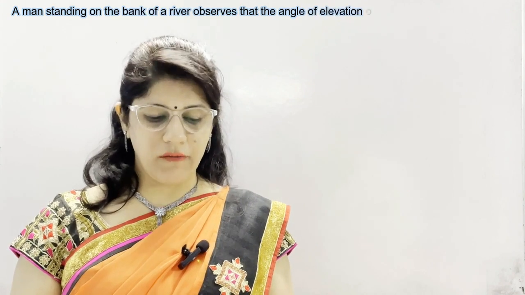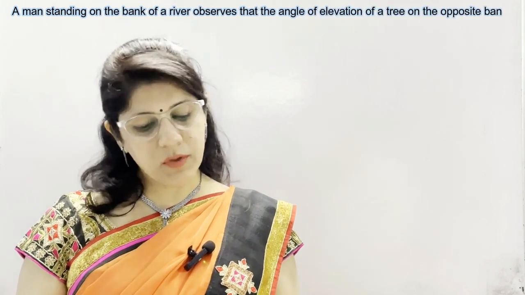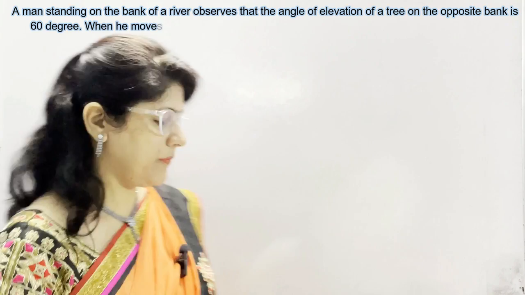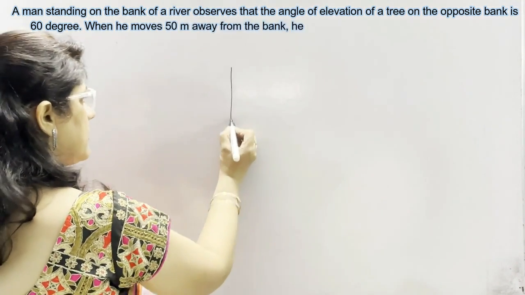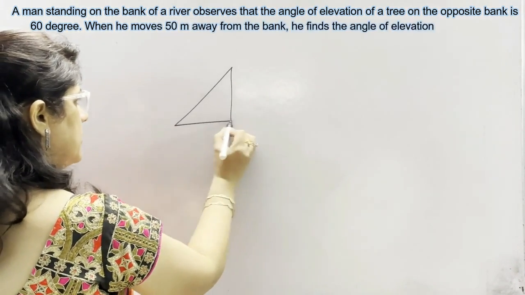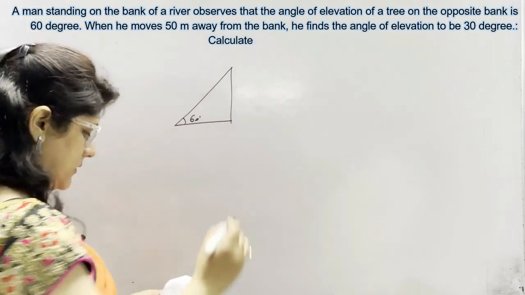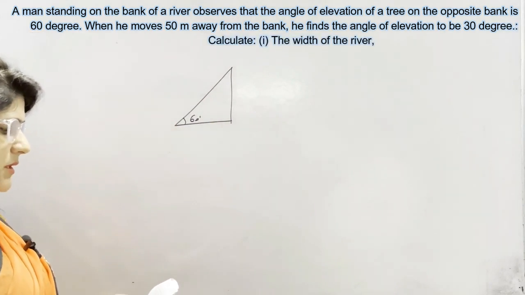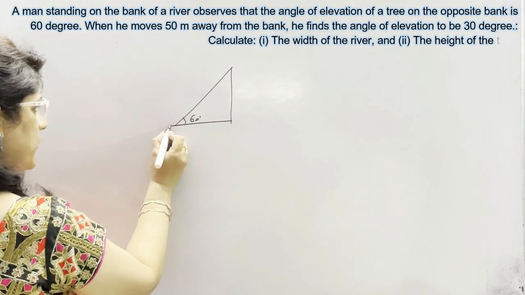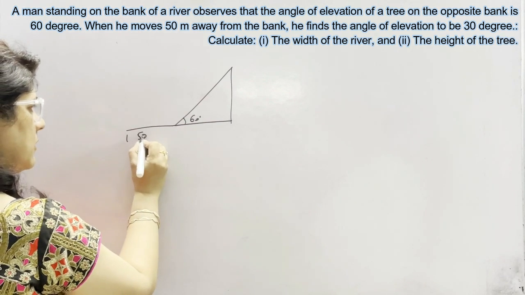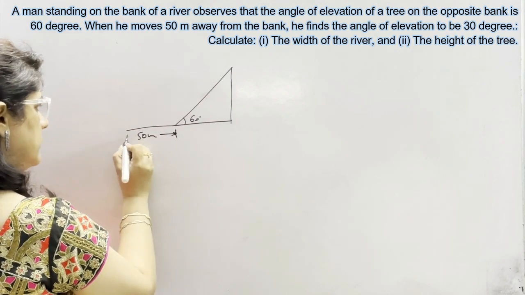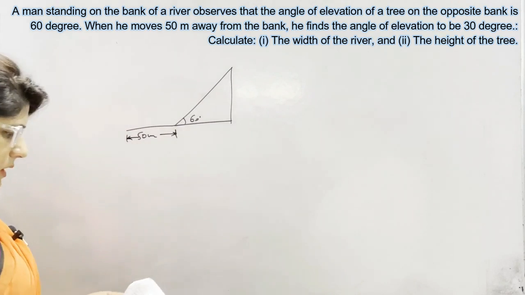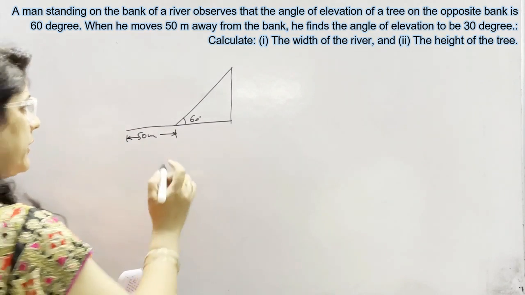In question number 11, a man standing on the bank of a river observes that the angle of elevation of a tree on the opposite bank is 60 degree. So this is the tree, and this is the angle 60 degree. When he moves 50 meter away from the bank, he finds the angle of elevation to be 30 degree.